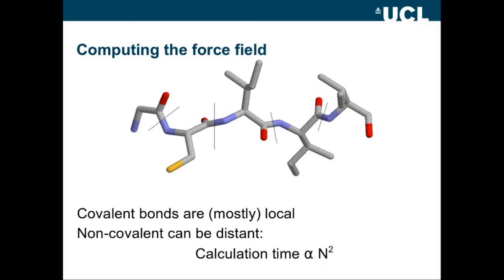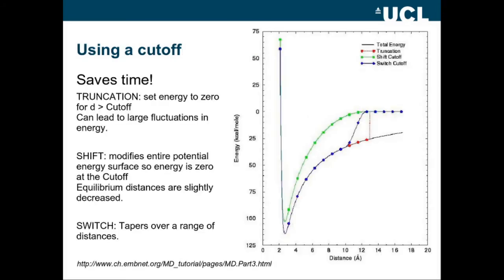Non-covalent interactions, however, can be distant, and therefore the time taken to calculate all the possible interactions between all the atoms is going to be proportional to the number of atoms squared. Now, that can really result in slowing down a calculation when we've got a large protein.